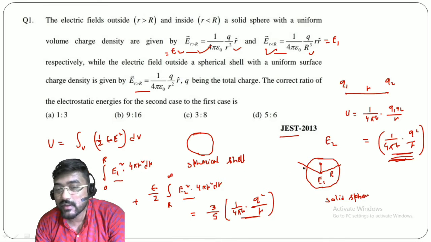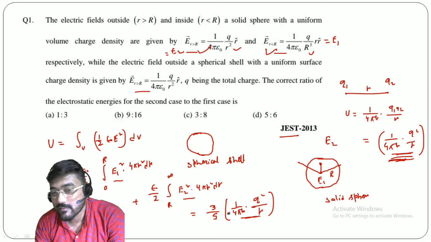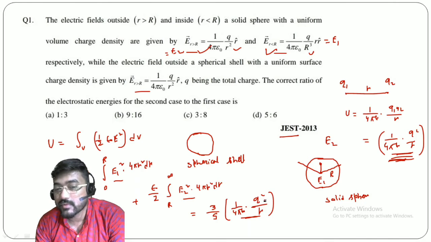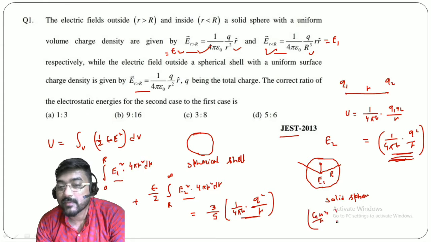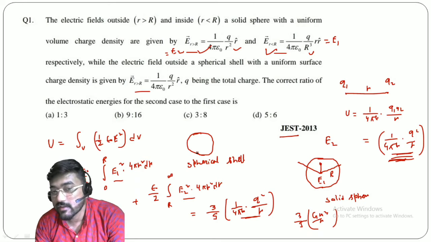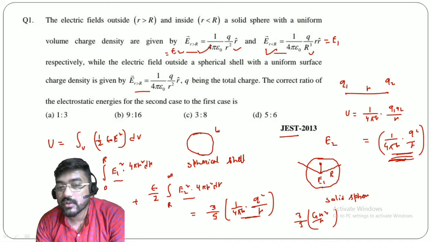You might have studied in gravitation also that the gravitational potential energy is similar, but instead of 1 upon 4 pi epsilon naught q square by r, you get G M square by r, and the factor remains the same, 3 by 5 for the solid sphere and half for the spherical shell. So for the spherical shell, U is equal to half into 1 upon 4 pi epsilon naught into q square upon r.